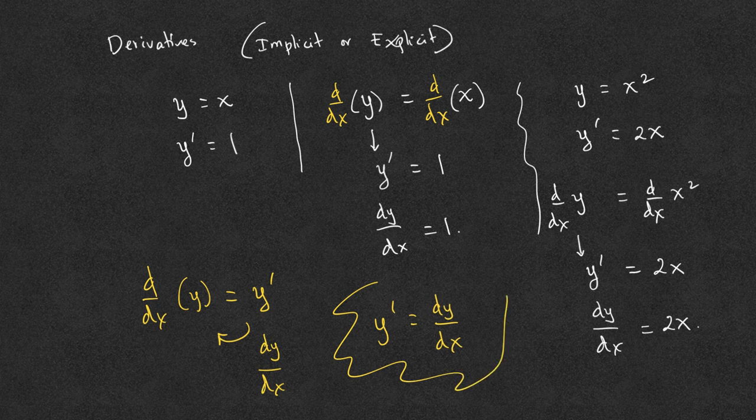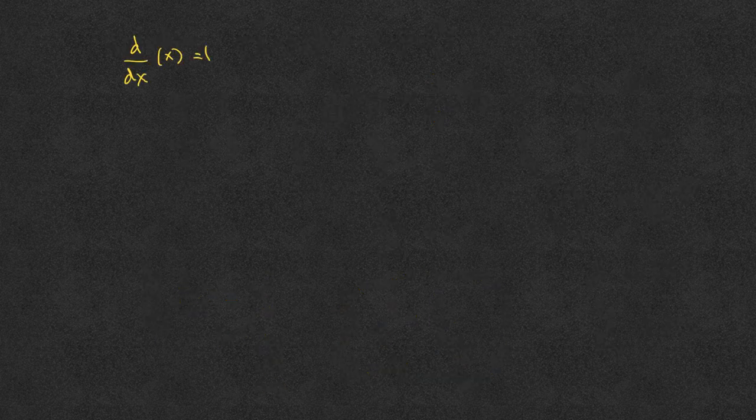And what this really means is the derivative of y with respect to x is y prime, or y prime is dy dx. And so now we have d dx of x is 1, d dx of y is not 1, but it is dy dx, or simply y prime.